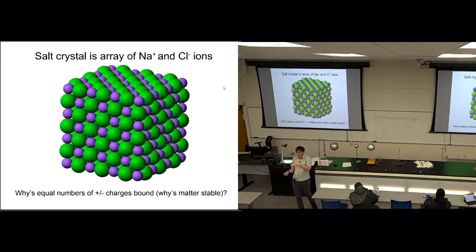The fact that matter substances are stable is one of those emergent phenomena that came out of there being this basic dimension of charge that comes in two categories, positive and negative. Out of that, we've suddenly got this emergent phenomenon of matter, atoms clumping together to form solid materials, solid substances. But why does that happen if there's attraction and repulsion? Well, we're going to see why that happens.